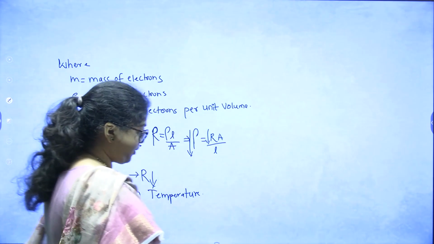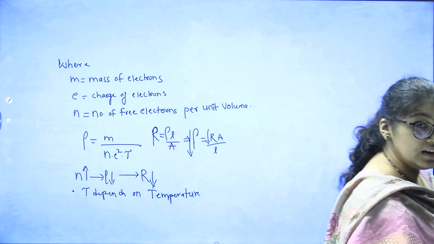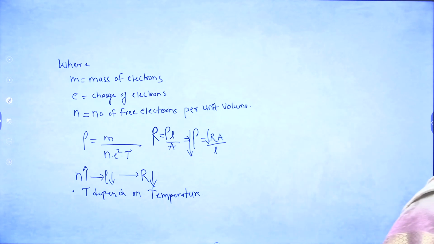So tau depends upon the temperature, and if the number of electrons is increasing, resistivity will decrease. If resistivity decreases, resistance also will decrease. Now if tau decreases, what happens to temperature?